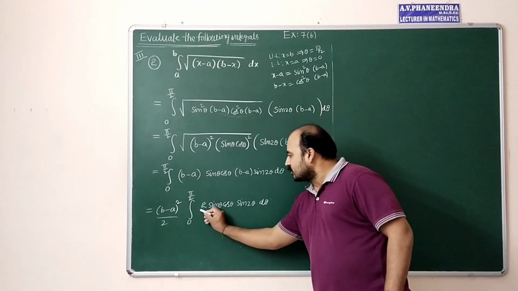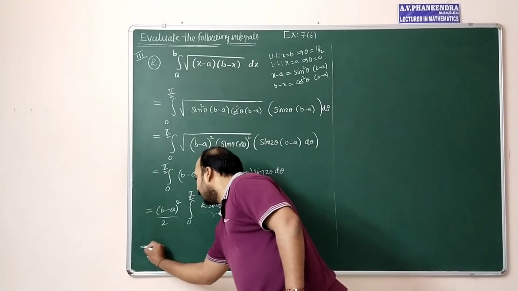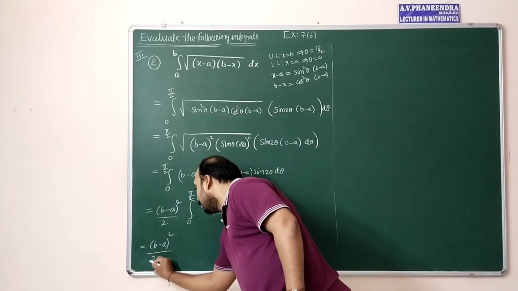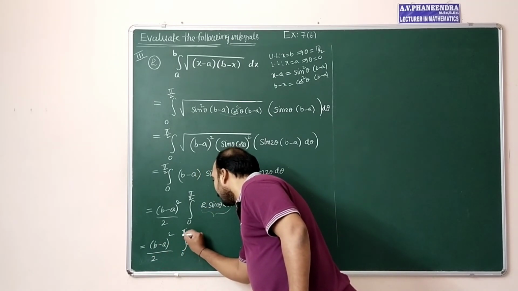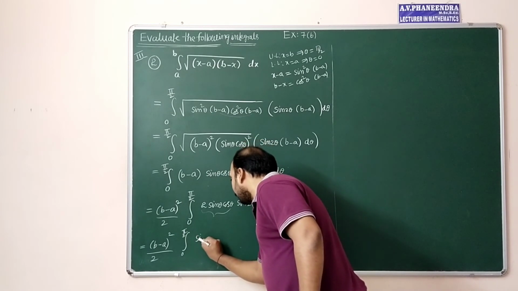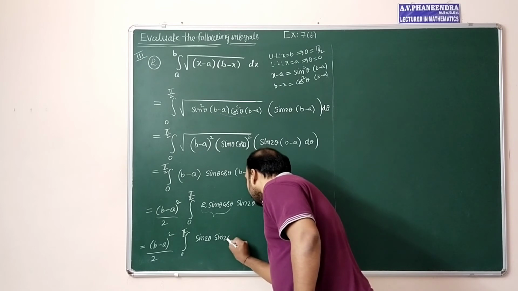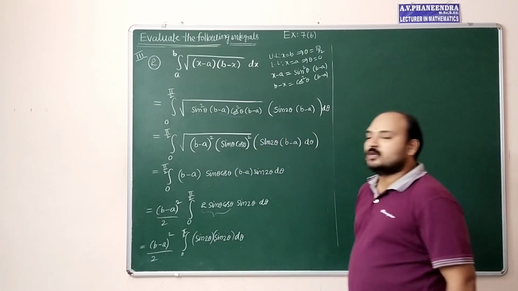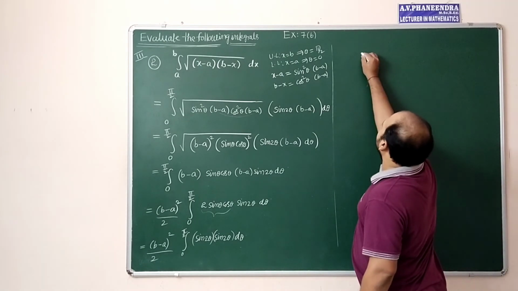In the next step 2 sin theta cos theta will become sin 2 theta, which is equal to b minus a whole square divided by 2 integral 0 to pi by 2 sin 2 theta into sin 2 theta into d theta. So sin 2 theta into sin 2 theta is sin square 2 theta.